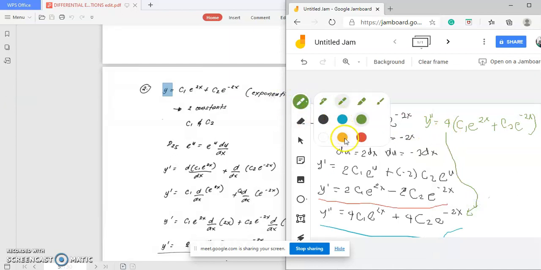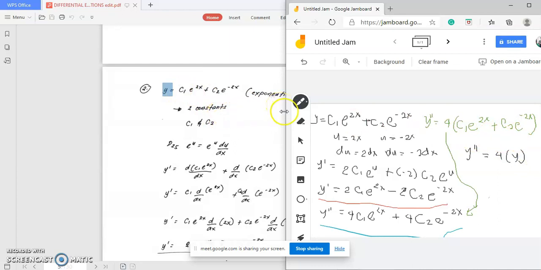So, therefore, we could say that your y double prime is equal to 4 multiplied by the given equation. Our given equation is equivalent to your y.